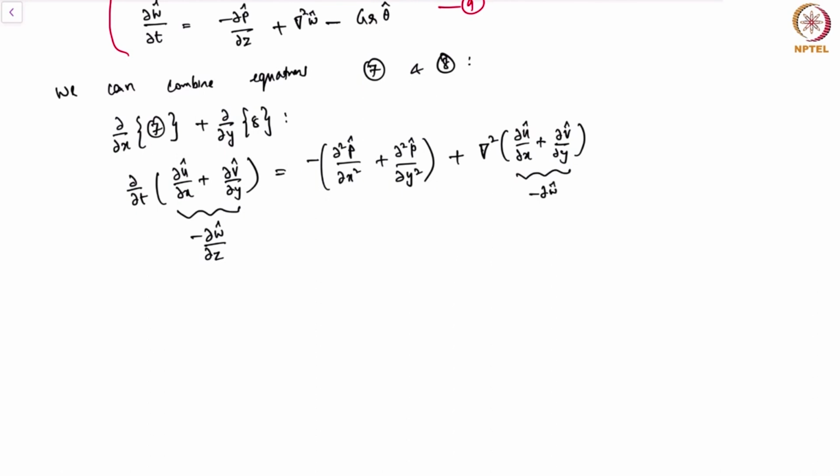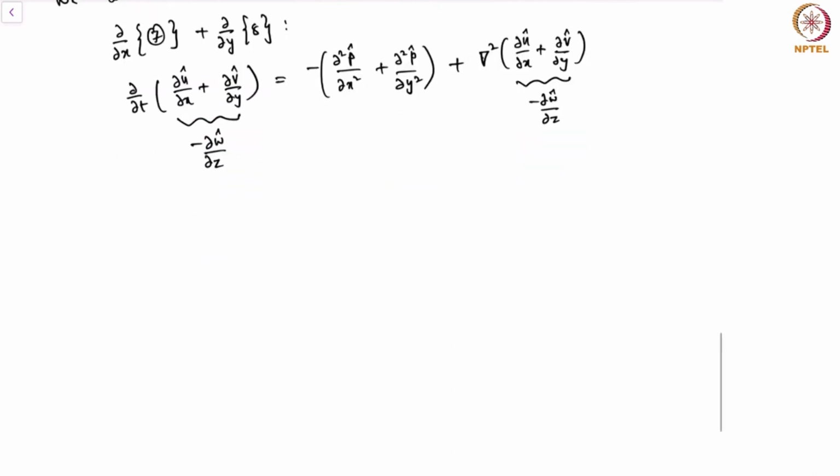We will also define a new Laplacian operator, a horizontal Laplacian operator, which is del square by del x square plus del square by del y square.